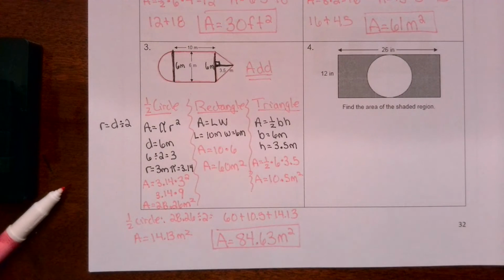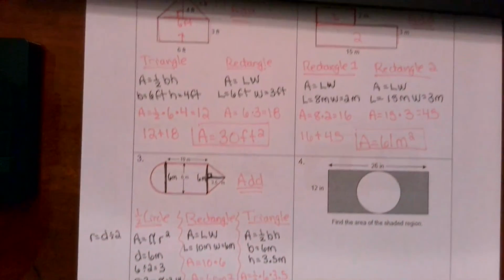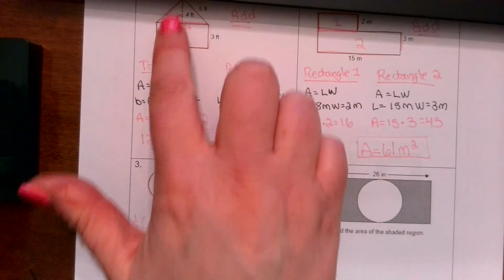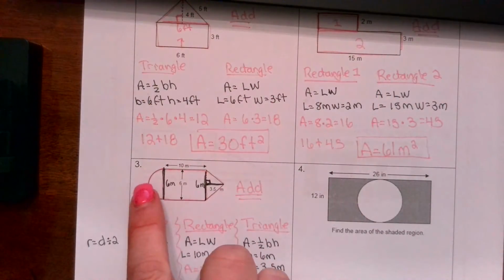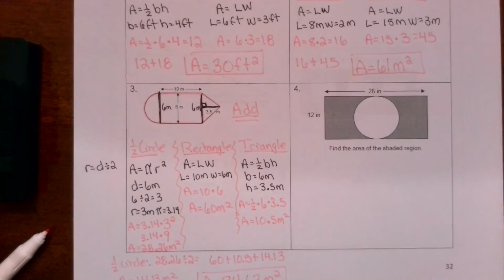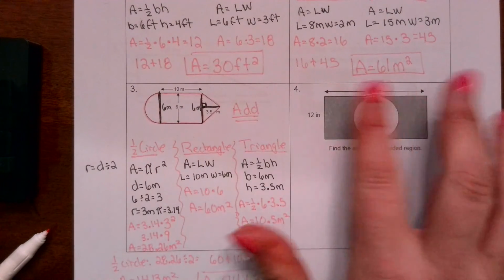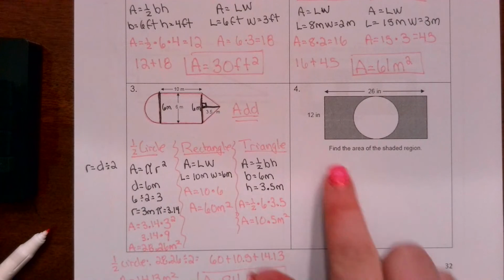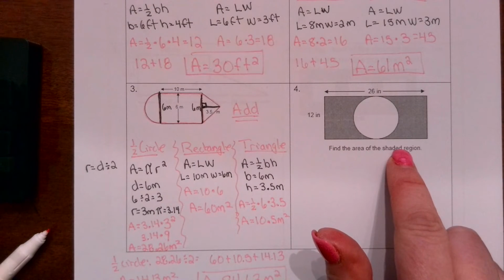Okie dokie, last one in this video is number 4, and you're going to notice that it looks completely different than the other problems. All of these problems, I had the triangle, the rectangle, half a circle, and they all seem to be the same in terms of their coloring. This has a shaded region, and they just want me to find the area of this shaded region.